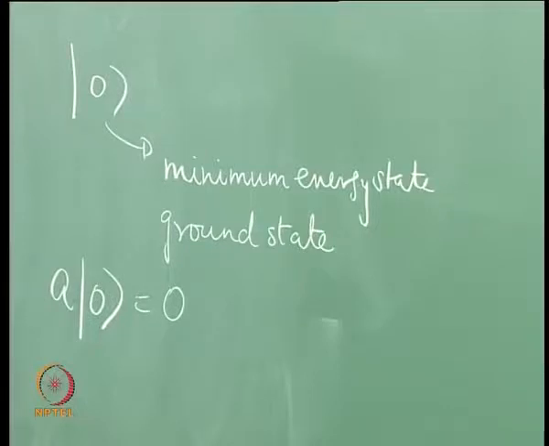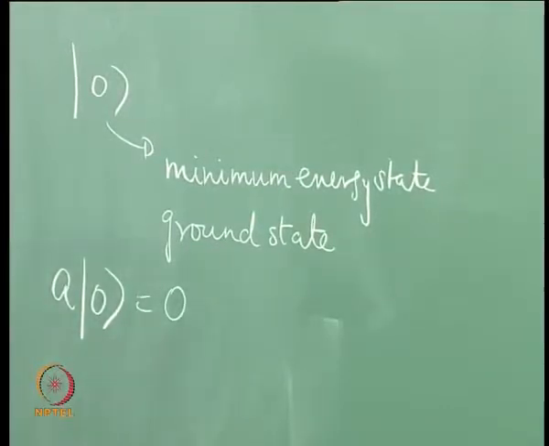It cannot take it to another state which has an energy which is negative. And therefore, the ground state is a state with positive energy or definitely non-negative energy, and when A acts on the ground state, it cannot take it to any other state which has got negative energy.